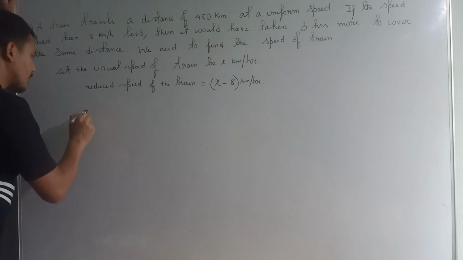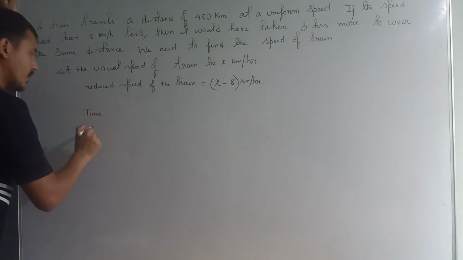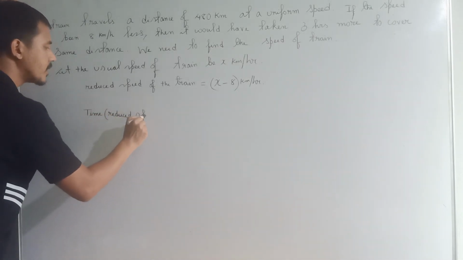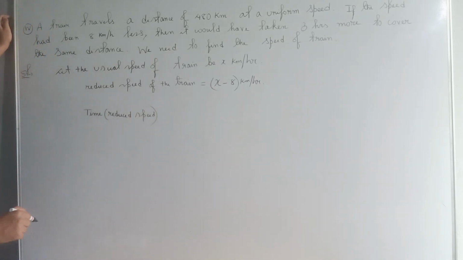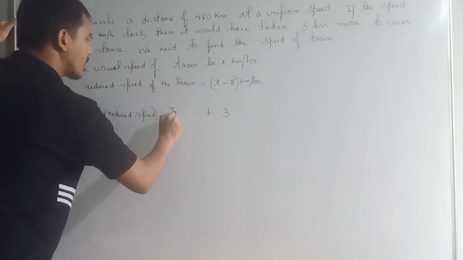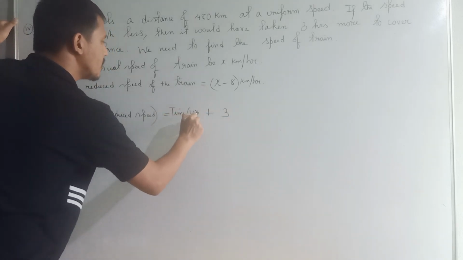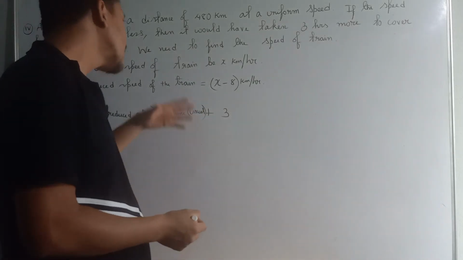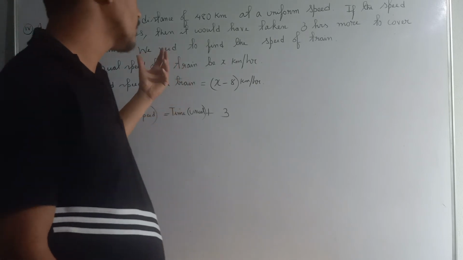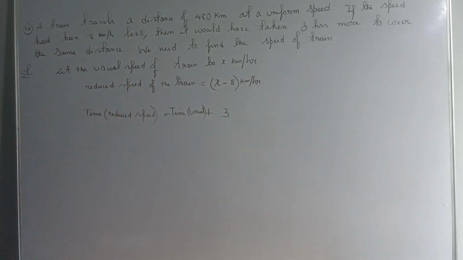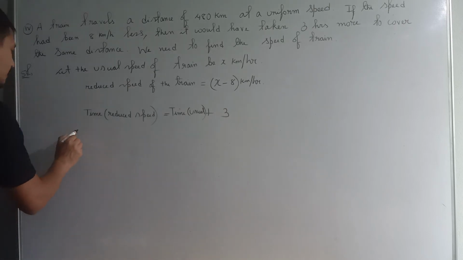That means the time taken by the train after reducing the speed will be 3 hours more than the time taken during the usual speed for covering the same distance.